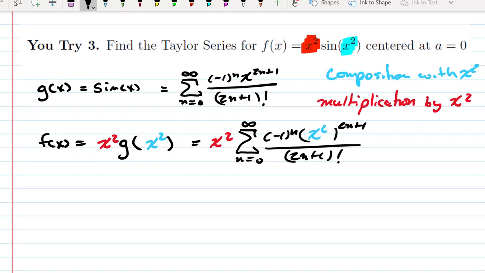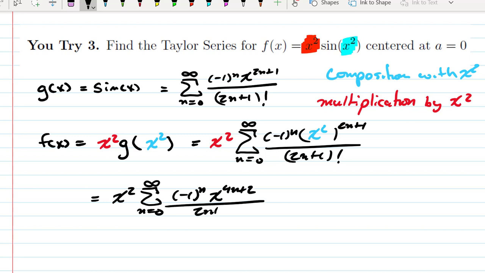So we clean this up a little bit. We have x squared times the sum as n goes from 0 to infinity of negative 1 to the n, x squared to the 2n plus 1, which is x to the 4n plus 2, all over 2n plus 1 factorial.